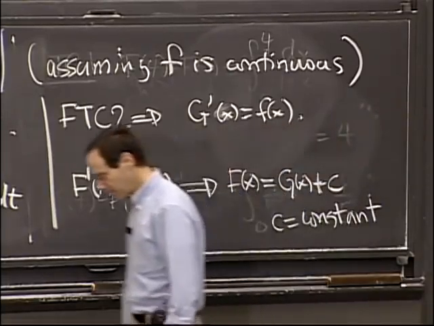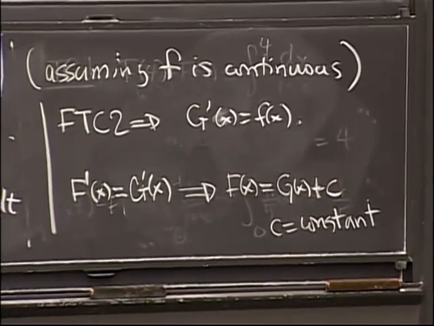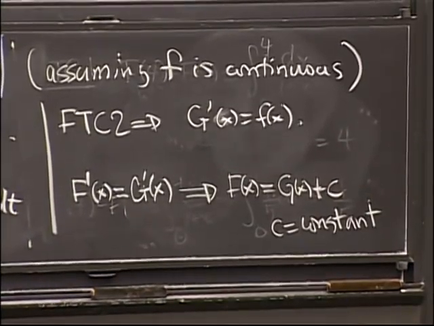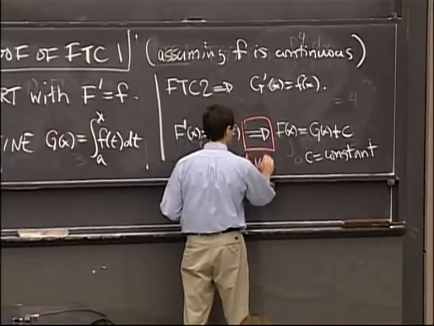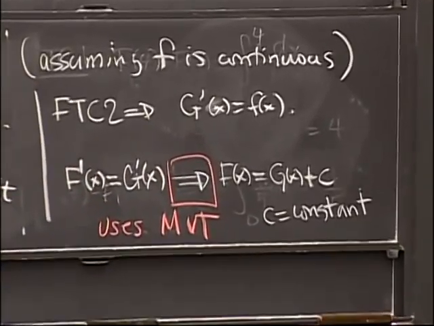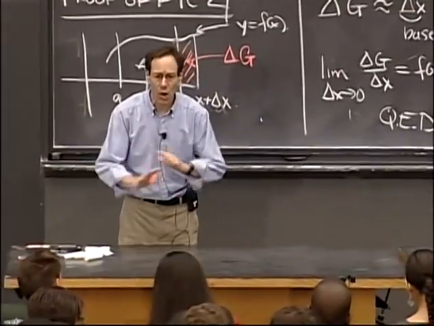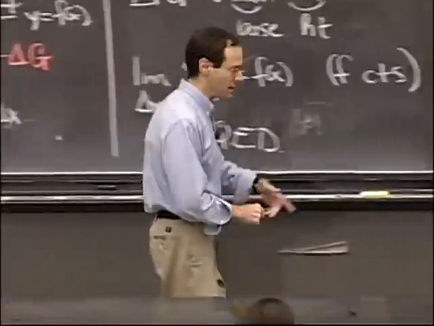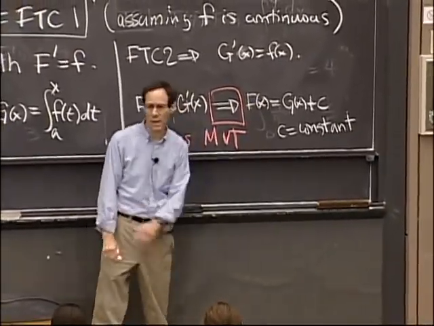Now, this little step may seem innocuous, but I remind you that this is the spot that requires the mean value theorem. So in order not to lie to you, we actually tell you what the underpinnings of all of calculus are. And they're this. The fact, if you like, that if two functions have the same derivative, they differ by a constant.